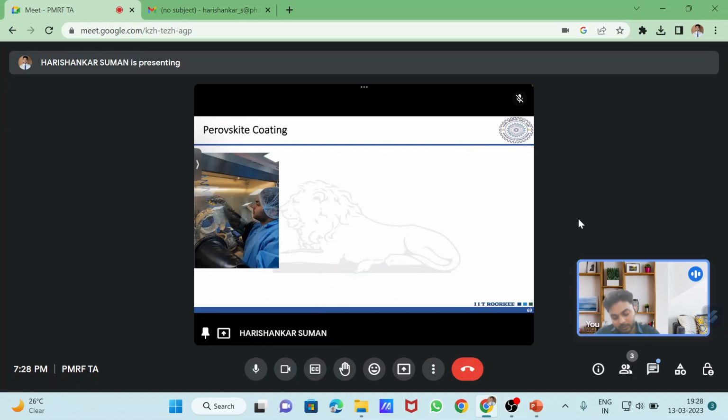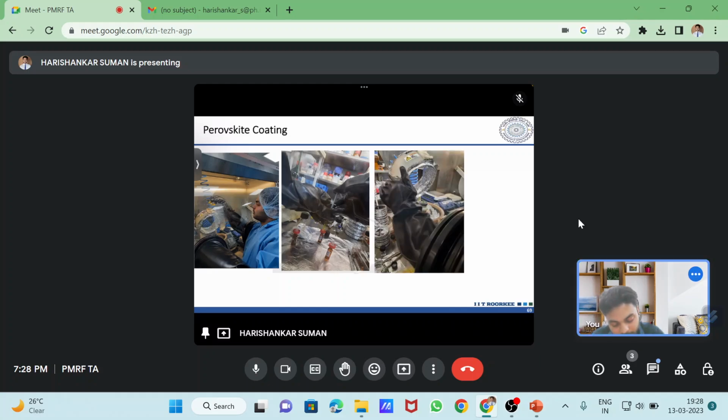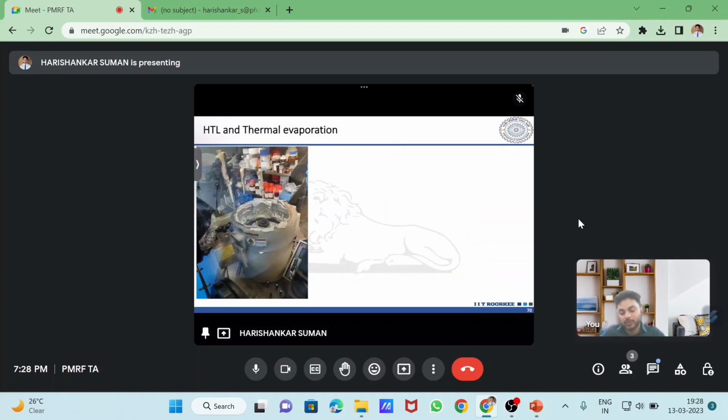Then perovskite coating. This is the perovskite solution you can see in the picture, yellow, four vials. Then the filter step. We have to filter, then coat the perovskite. Then annealing. After annealing, this looks like black perovskite. Then HTL coating, Spiro.